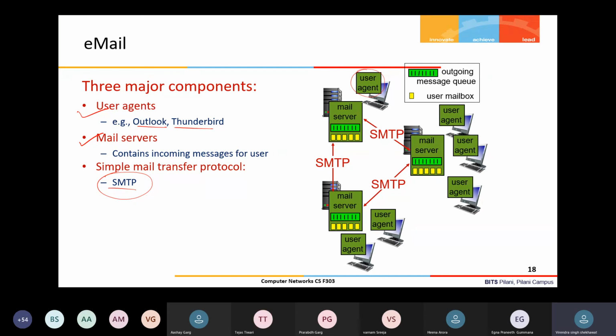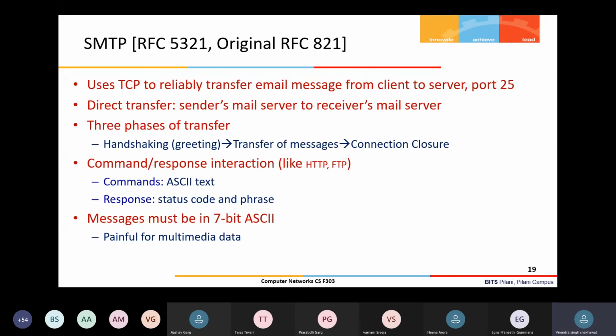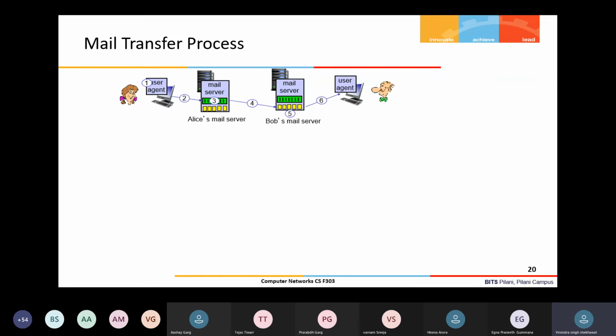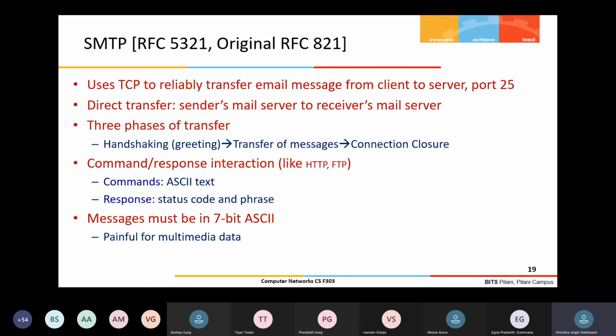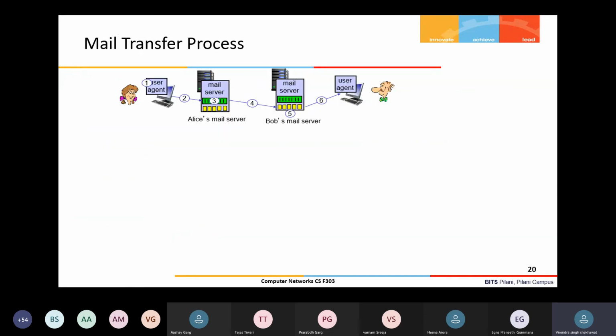My mail server will be in Google, maintained by Google, and the recipient mail server is maintained by Rediff. We'll come to this part later. First we'll see the mail transfer process.